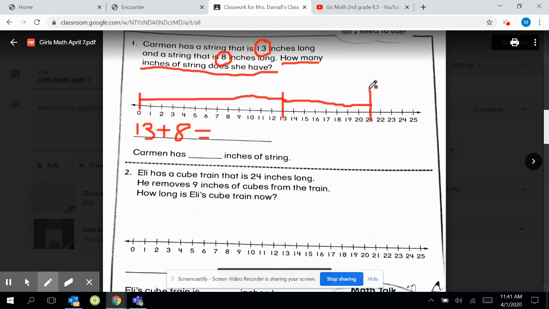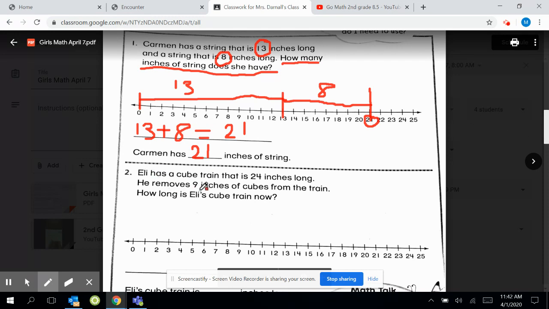And we see where we end. This one is 13, and this one is 8. And we line them up. This one first, and then this one. And how many inches did it end up being when we lined them up? So our answer is 21, and we'll put 21.